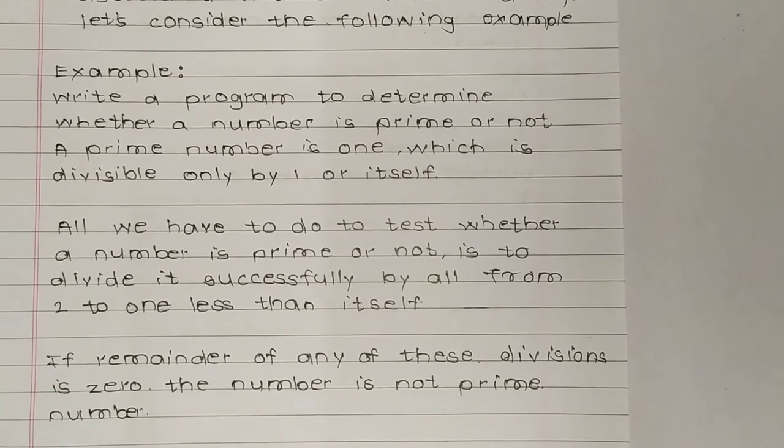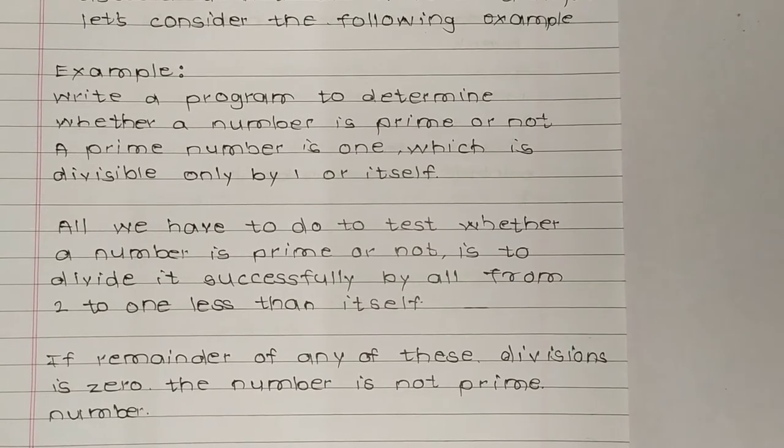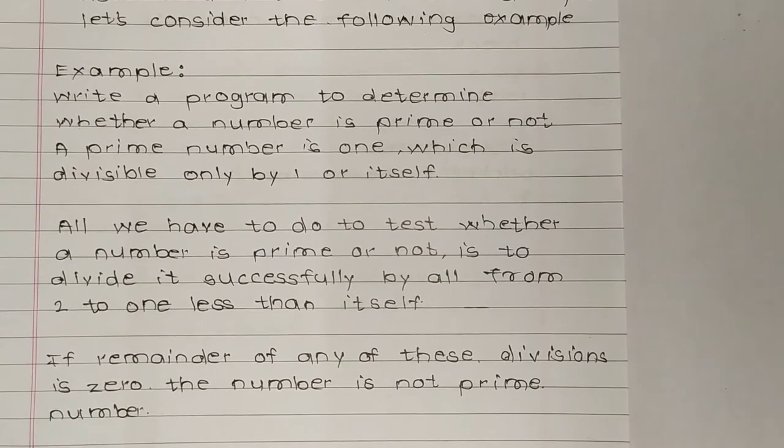All we have to do to test whether a number is prime or not is to divide it successively by all numbers from 2 to 1 less than itself. If the remainder of any of these divisions is 0, the number is not a prime number.